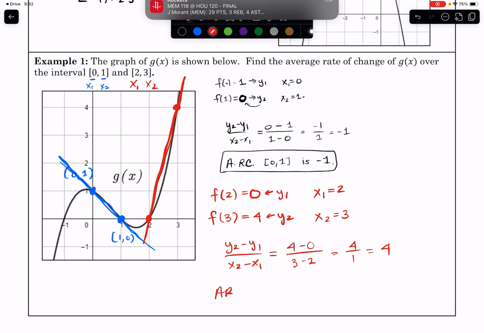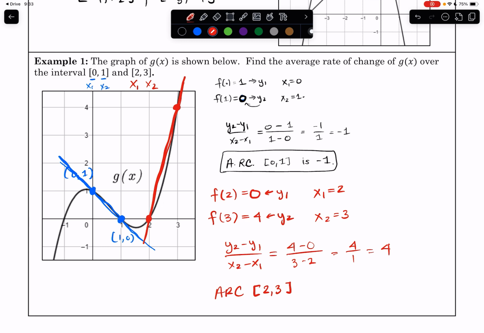So our average rate of change on the interval from 2 to 3 is positive 4.